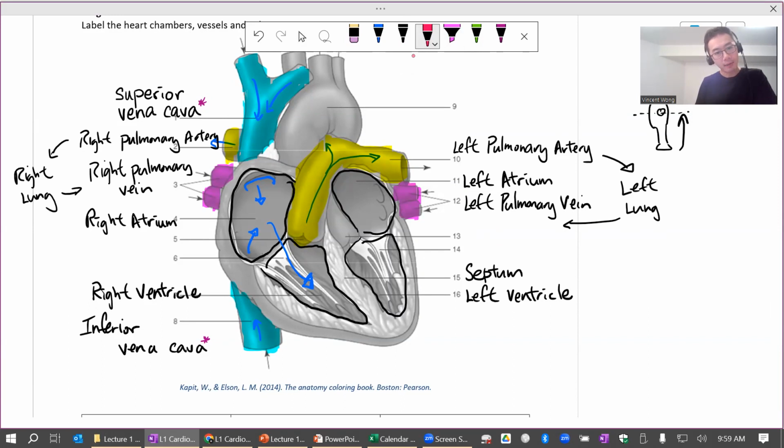So you can't really see it. You just have to take my word for it. They go behind the heart. You don't have to draw it on your diagram unless you want to. And then the blood is going to come out like this.